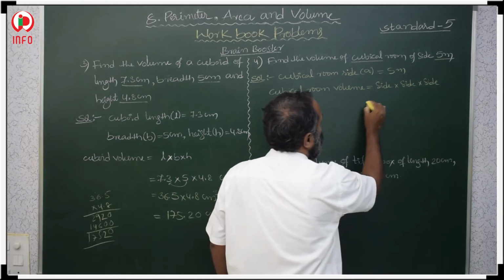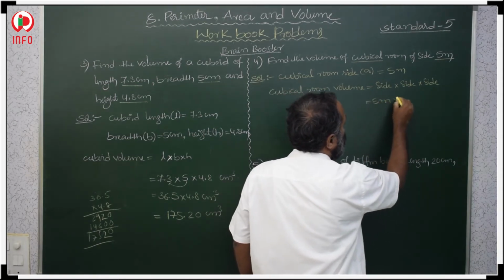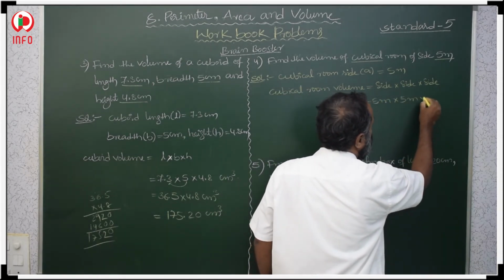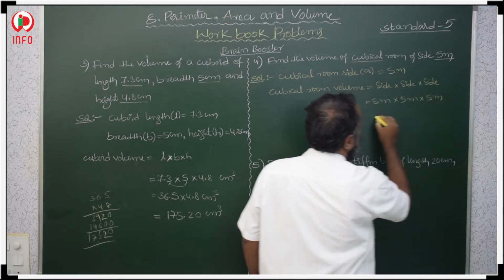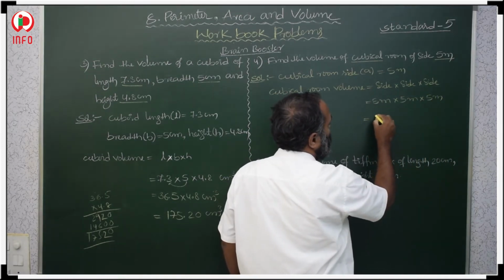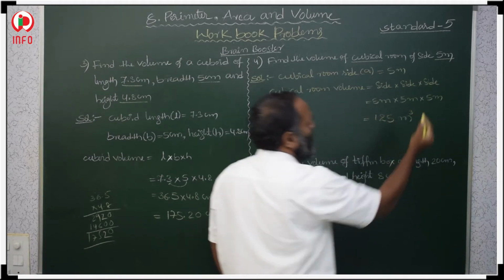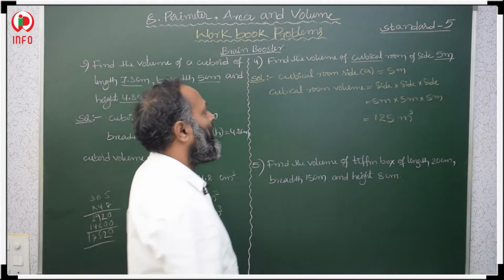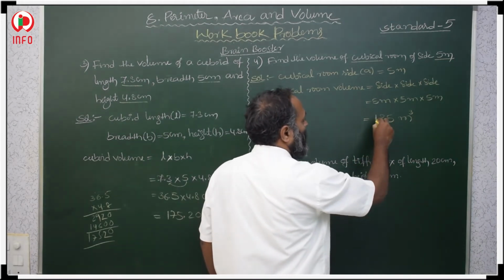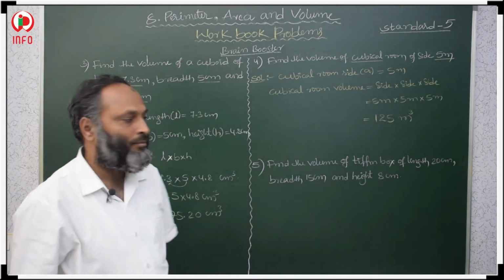What is the side here? 5 meters into 5 meters into 5 meters. 5 fives are 25, 25 fives are 125 meter cube. So this is the cubical room volume, 125 meter cube.